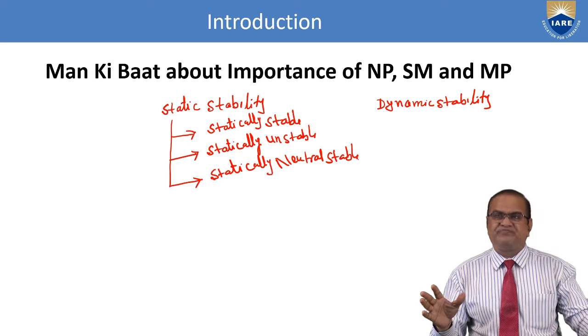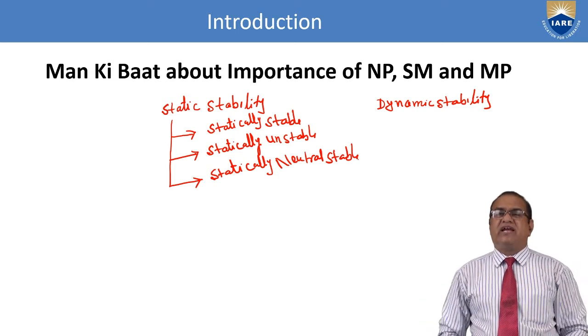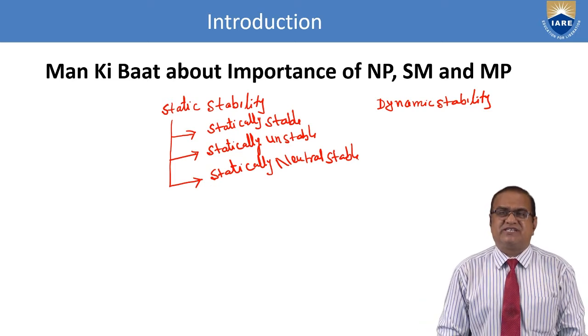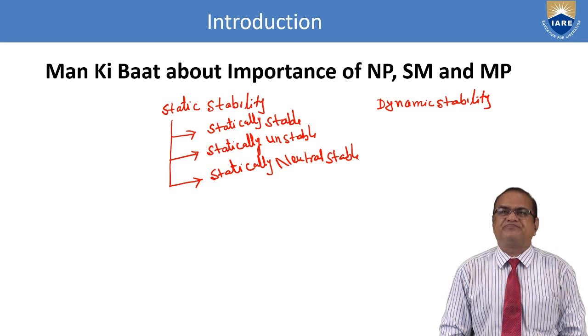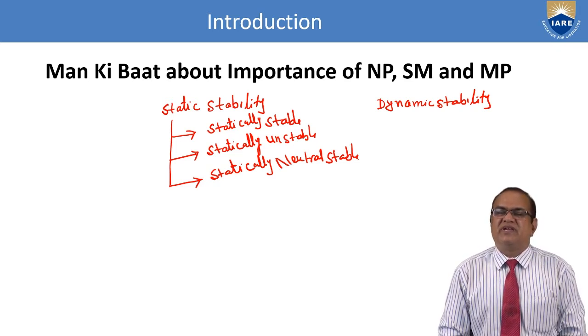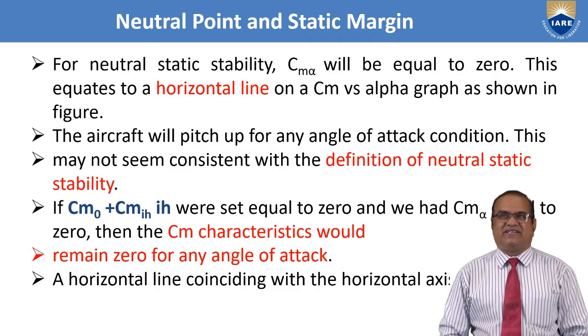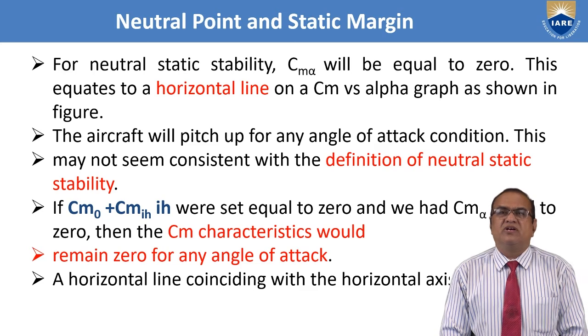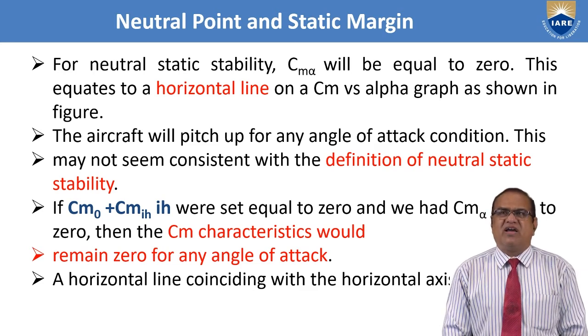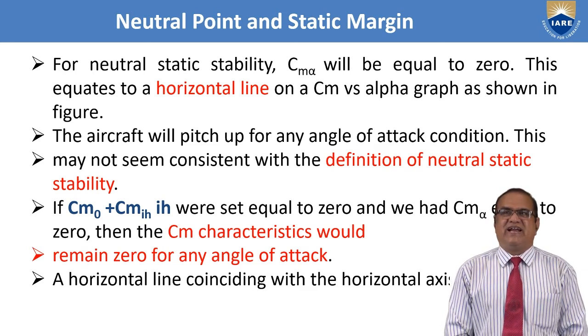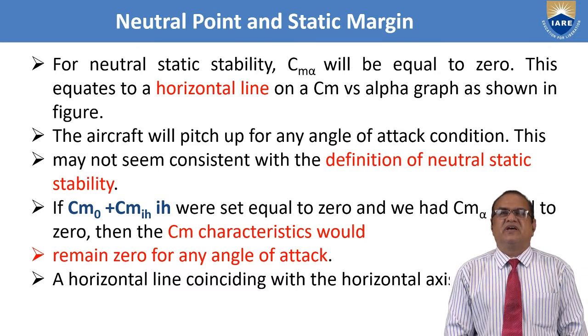So these are the two things, and now I am going to discuss the neutral point, static margin, and also the maneuvering point in the further slides. I will first talk about the neutral point and the static margin.